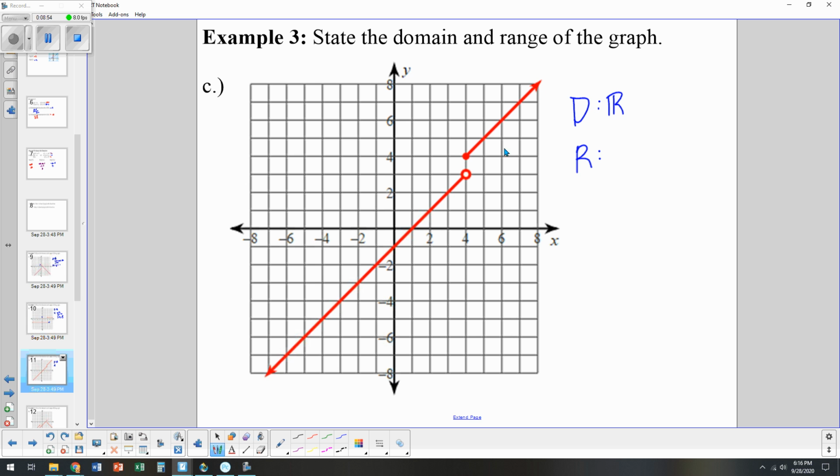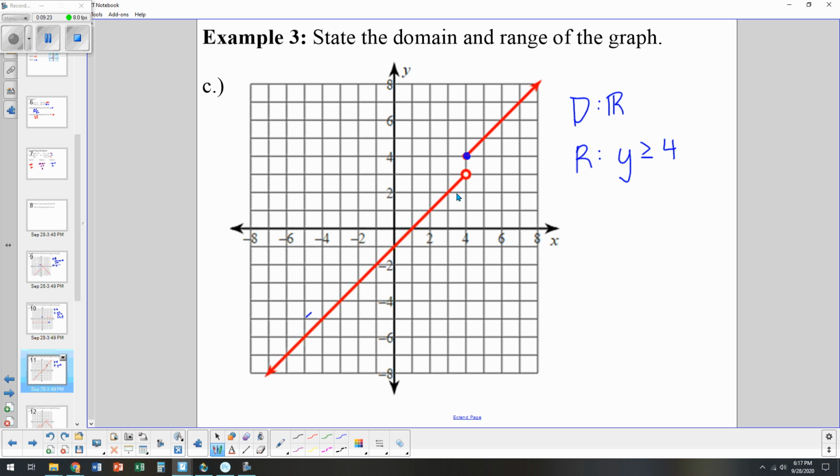Since my arrows go in different directions, my range I have to pay close attention to. For the range on the right, it's everything bigger or above +4, including +4. So y is greater than or equal to +4. My range also includes the second line.